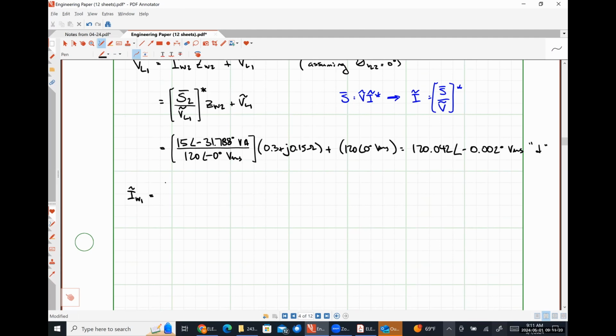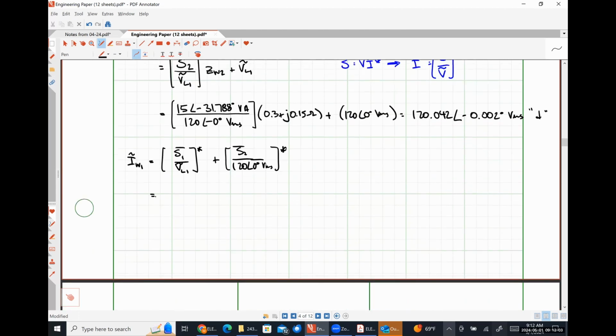That's going to look like S1 over VL1 conjugate. So that's the current flowing down through load 1, plus S2 over 120 angle 0 conjugate. That's just me adding those two currents together, right?